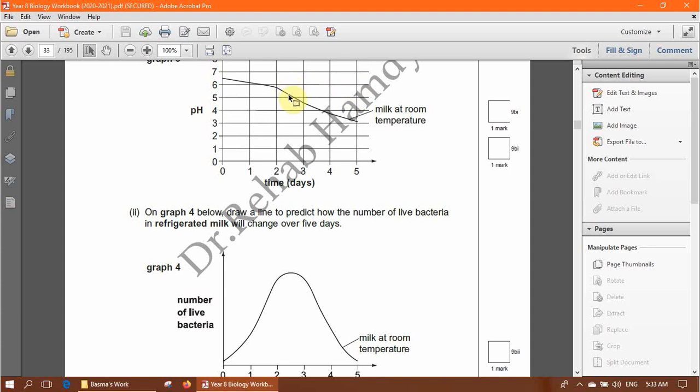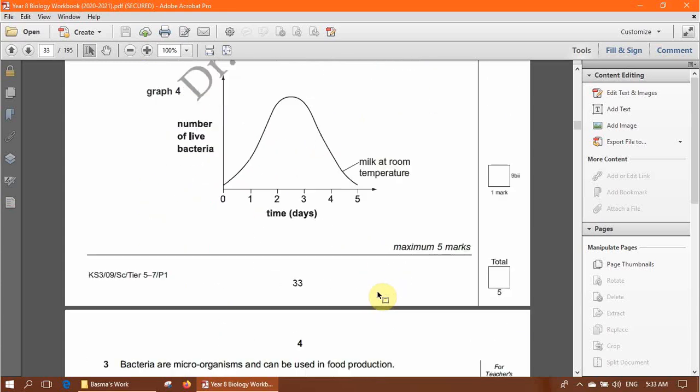So the number of live bacteria will be the same, but after 5 days. So I will draw a curve that goes up slowly and reaches the top after 5 days. This means that the number of live bacteria increases in the refrigerator, but at a slower rate. Okay, and I don't want after 5 days because he said only draw for the first 5 days.